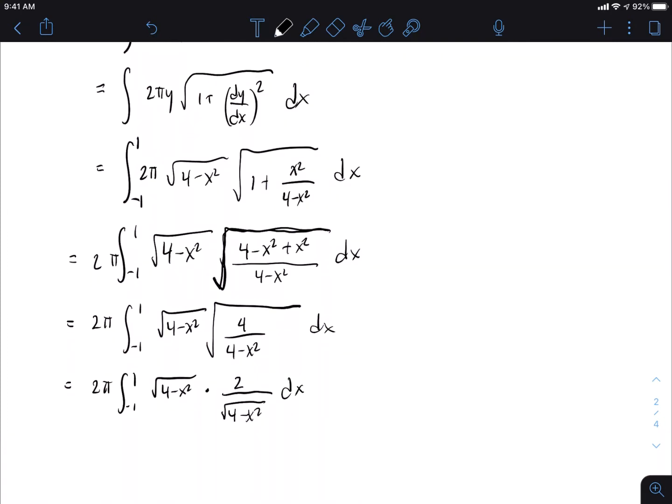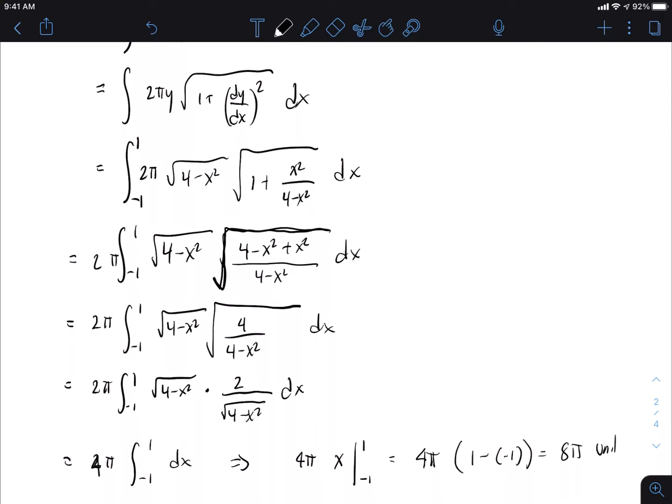What's going to happen to my roots? They cancel out. Yep. They're going to cancel, so I'm going to get 2 pi from -1 to 1. In fact, let's just call it 4 pi dx. So that will yield 4 pi x evaluated from -1 to 1, which is going to give me 4 pi times 1 minus a -1, which is 8 pi.